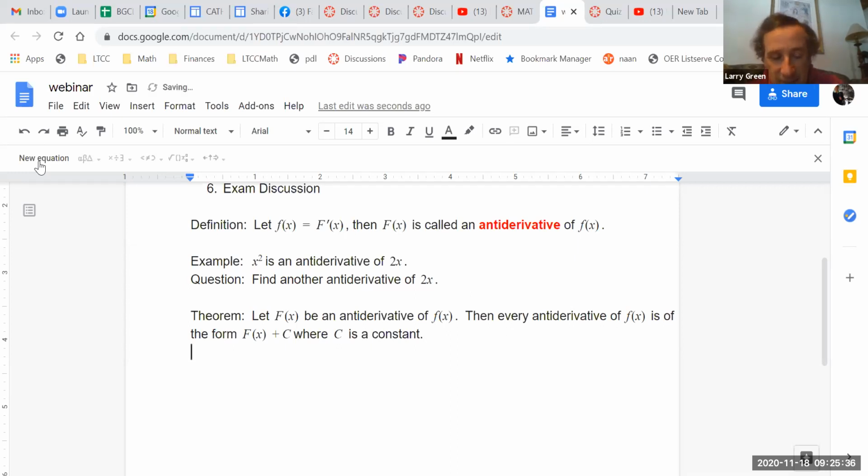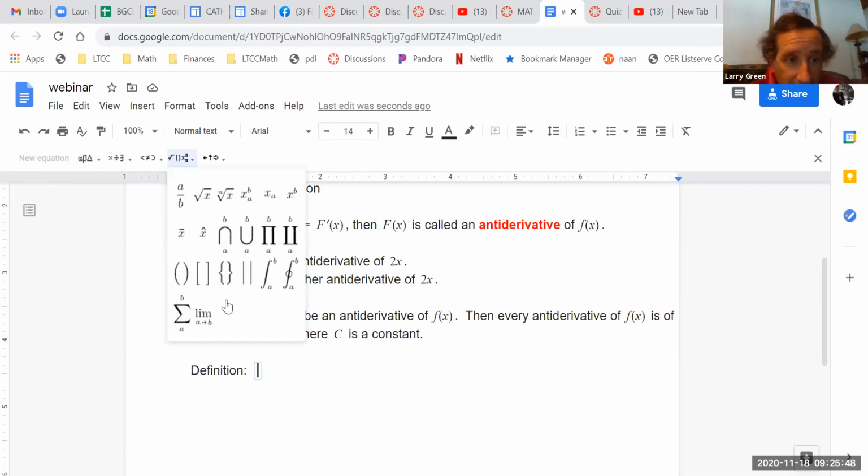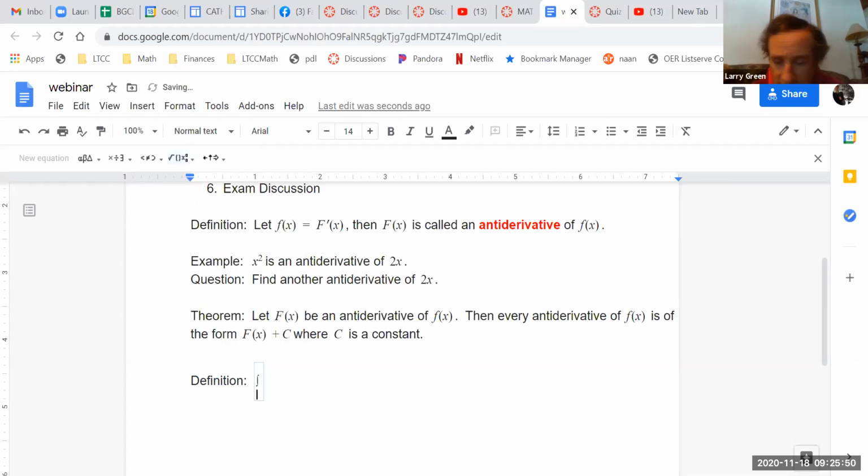So here's the definition. And that is, it's there. So this little thing, which I'll talk about in a second, right?